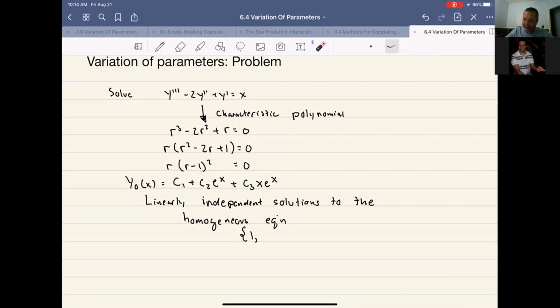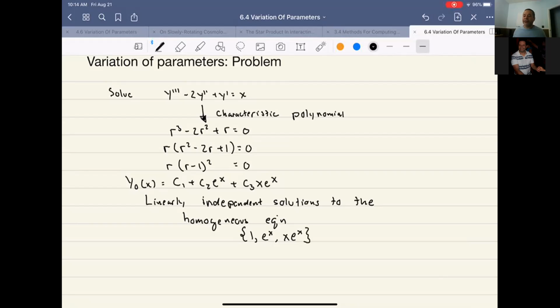So think about it, 1 solves the homogeneous equation. 1 triple prime is 0, 1 double prime is 0, 1 prime is 0. So y triple prime minus 2y double prime plus y prime equals 0. Okay. Next is e to the x. And next is x e to the x.